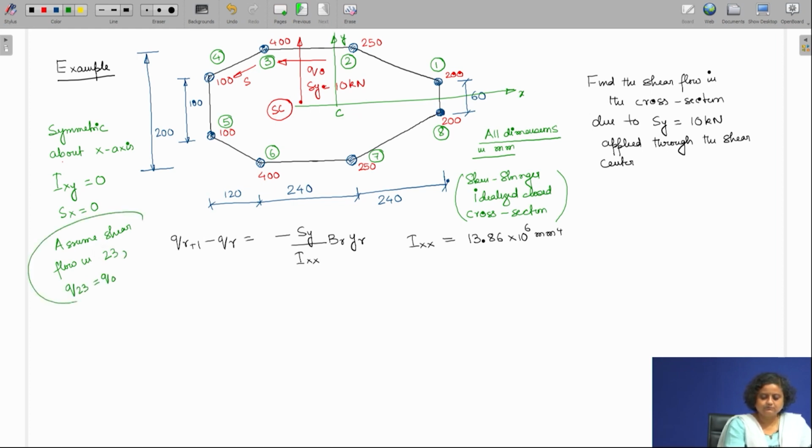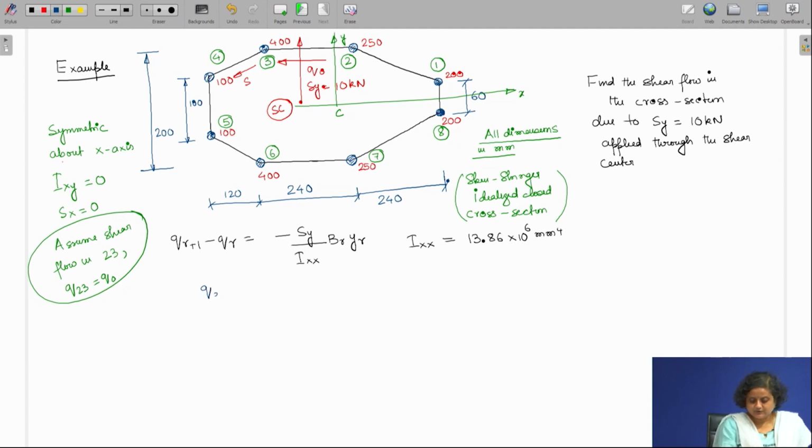So this assumption needs to be made. Now, as we have done previously for a conventional thin wall structure, let us try to find out the shear flow in the other cross sections.